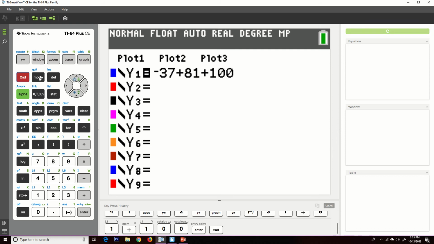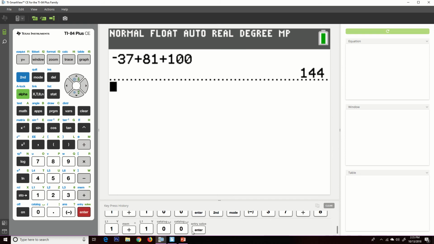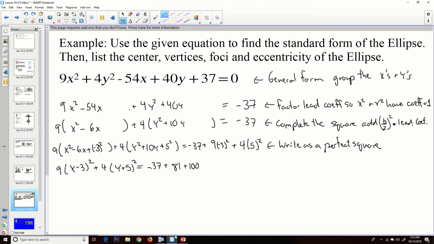Negative 37 plus 81 plus 100 equals 144. Okay, so I get 144 right there. I get 9 times x minus 3 squared plus 4 times y plus 5 quantity squared.